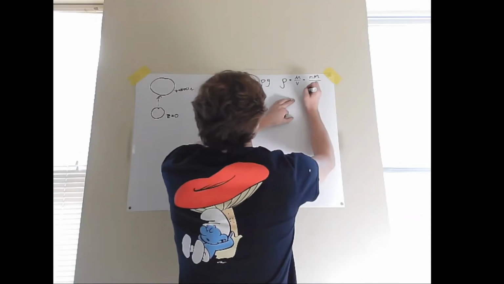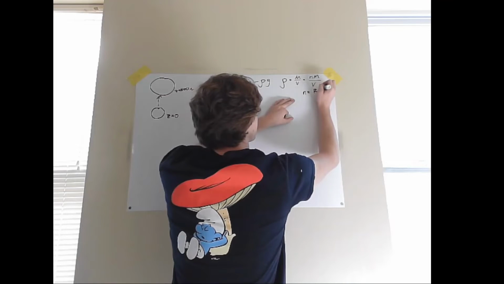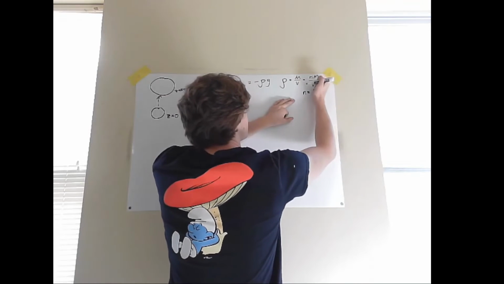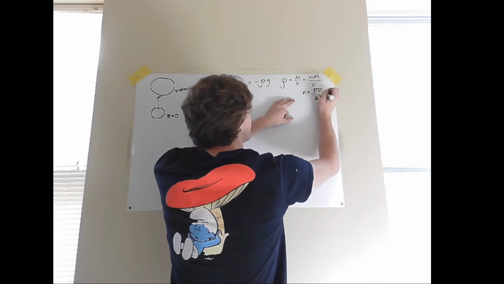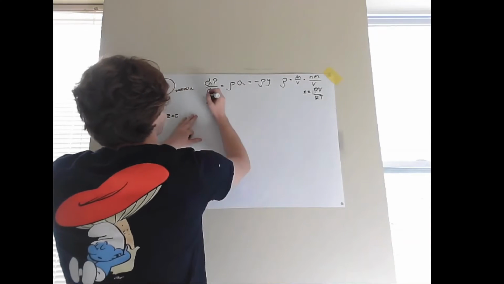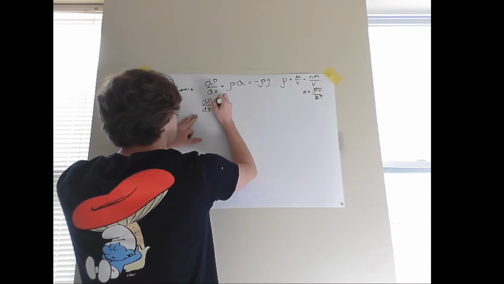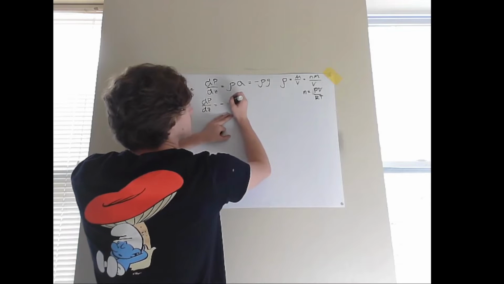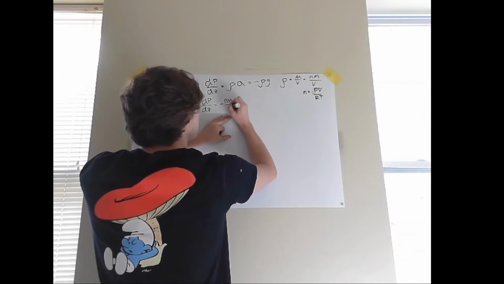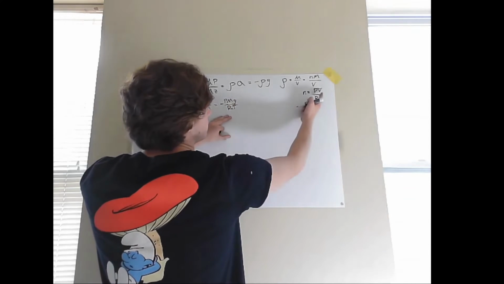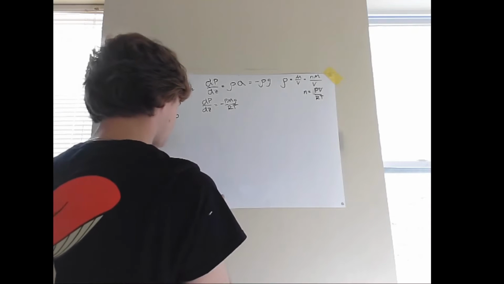We can rewrite moles using our gas laws as PV over RT, and plug that into the equation. So our new equation is going to be negative PMg over RT. Notice the volume variables cancel, so we're just left with this.